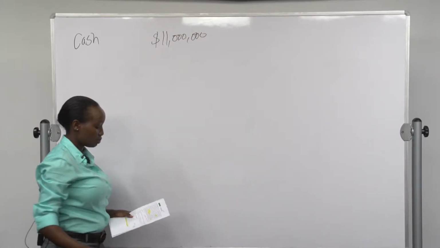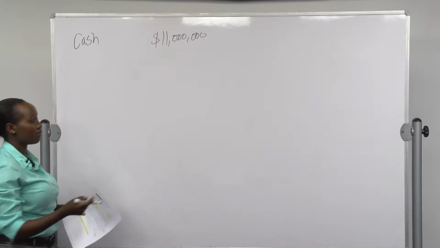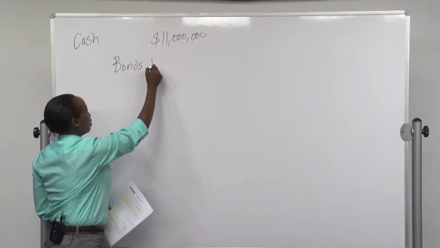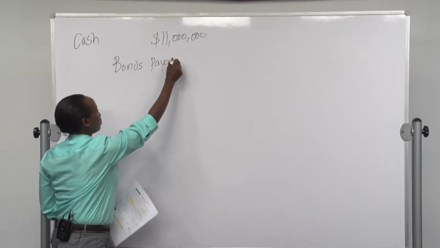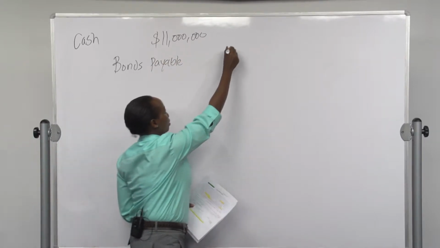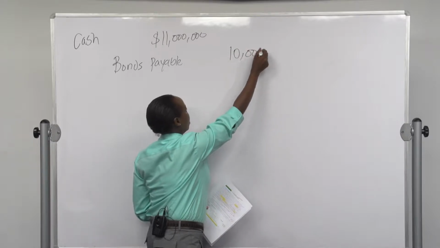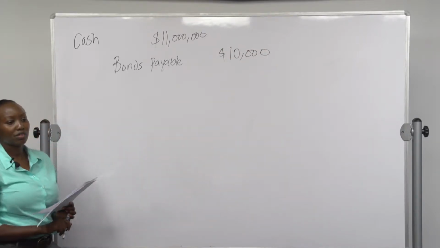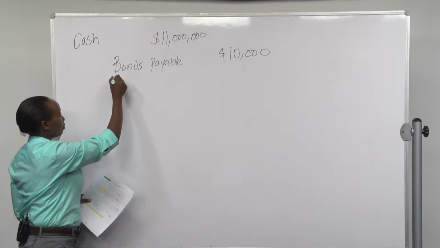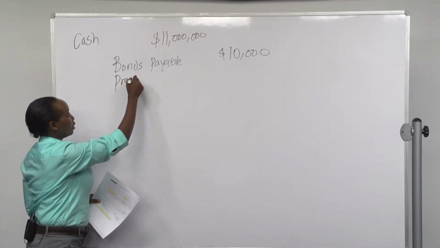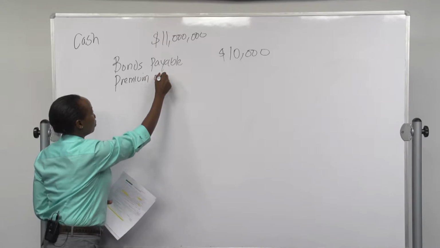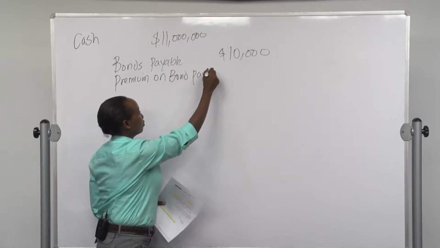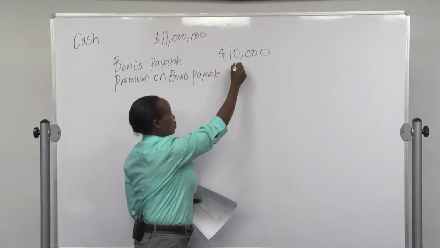Bonds payable is for the face value, so bonds payable of $10 million, and we have a difference of 1 million, so that's our premium. Premium on bonds payable is 1 million.